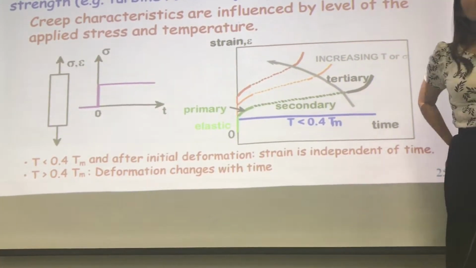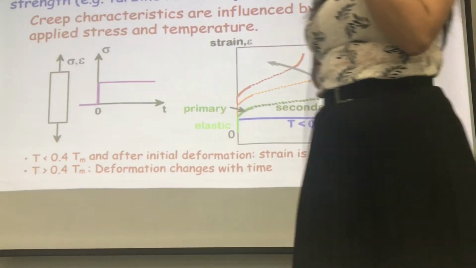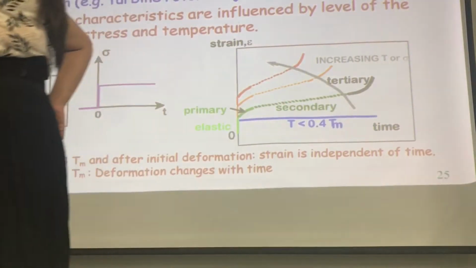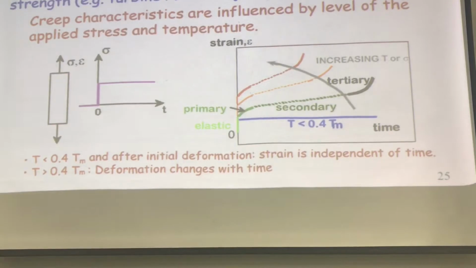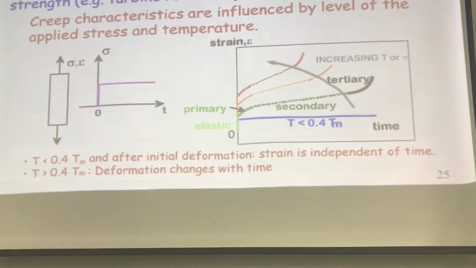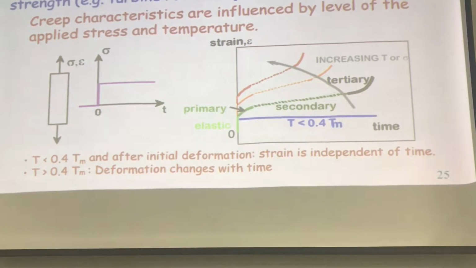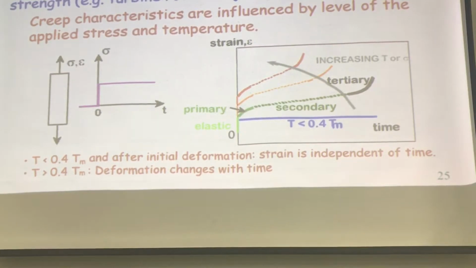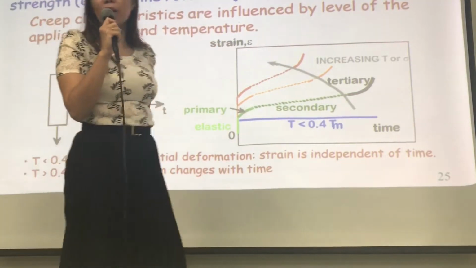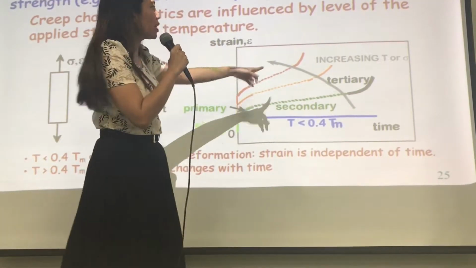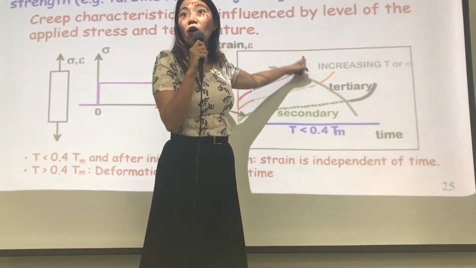Let me ask you: if I test these 3 materials at the same temperature, which one is subjected to a higher level of force, or higher level of stress? Red. You see that? Your common sense tells you that, because at the same temperature, this one is broken before.